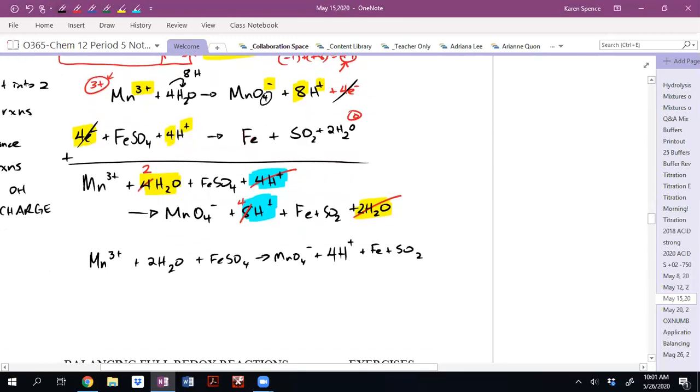What do we have to add to make it basic? OH-. How many? 4. To which side?